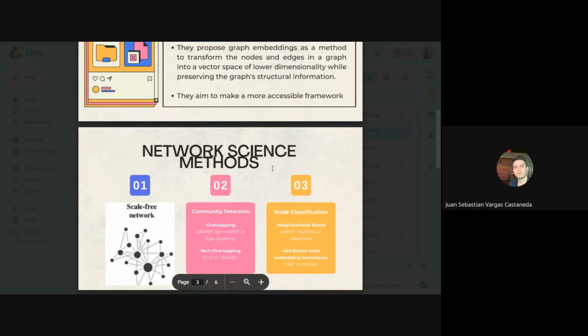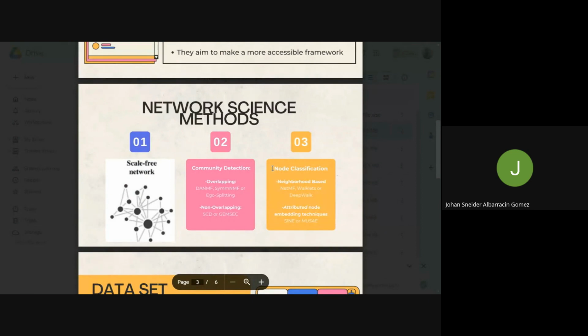Yes, Professor. Okay, so I'm going to continue with the network science methods. At the beginning, I thought that maybe the graph could be a scale-free network, because we're going to work with a data set of users of the social network Twitch.